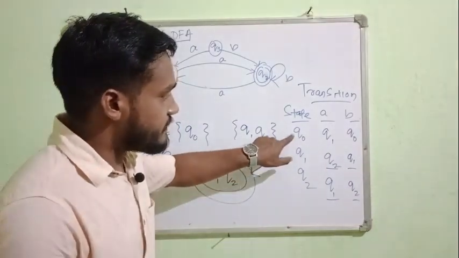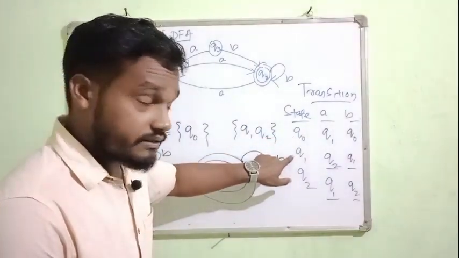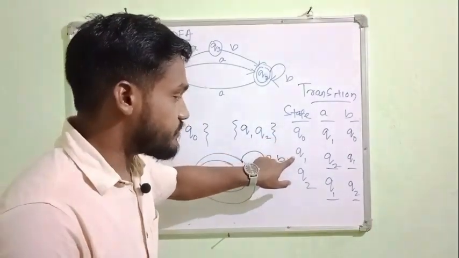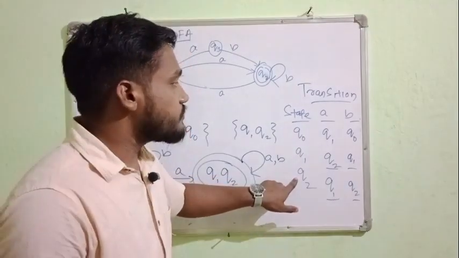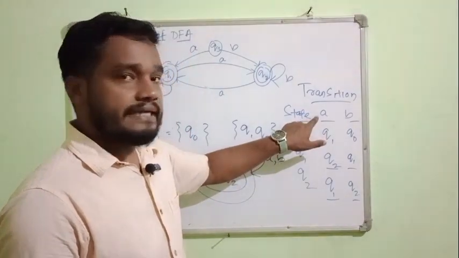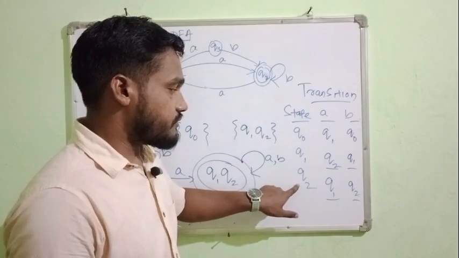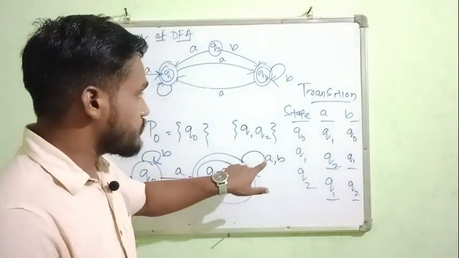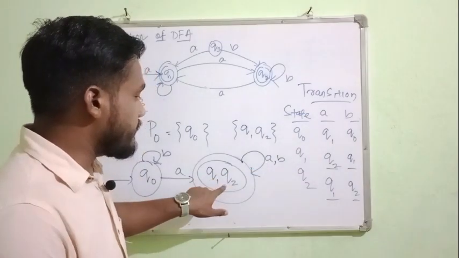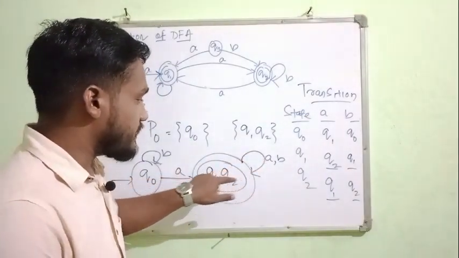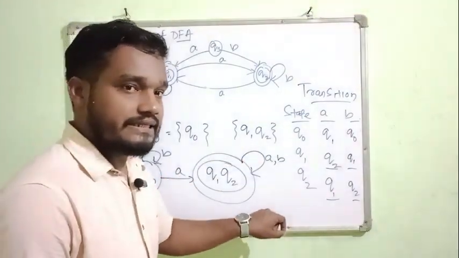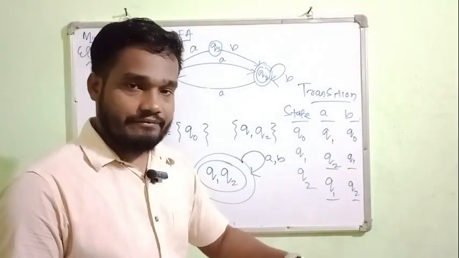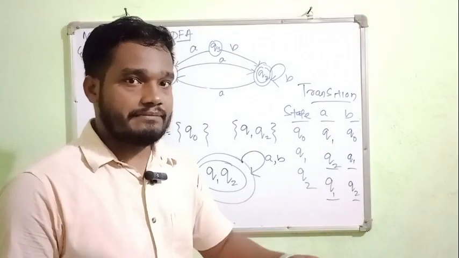As with Q0 and Q1, we will follow the same procedure in the case of Q2. If we take A as an input in Q2, it arrives at Q1. It has already existed, so we will never repeat the same thing again.